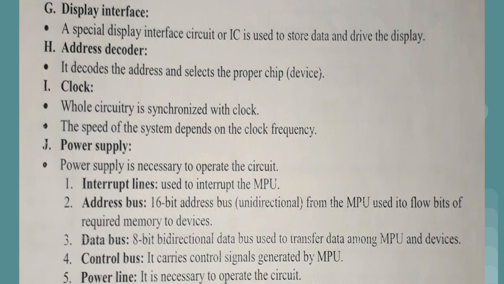Then the next one is power lines. Power lines are important because they are connected to each and every component to provide power. So this is the explanation of the block diagram of the microcomputer system and the functions of each block. You have to explain this.